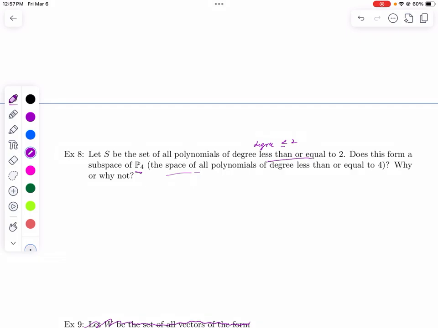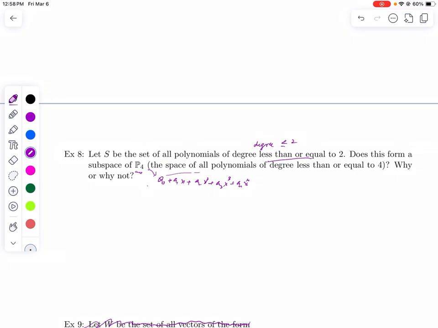So P4 has elements like a0 plus a1x plus a2x squared plus a3x cubed plus a4x to the 4. So everything of degree 4, 3, 2, 1 or 0 is in P4.